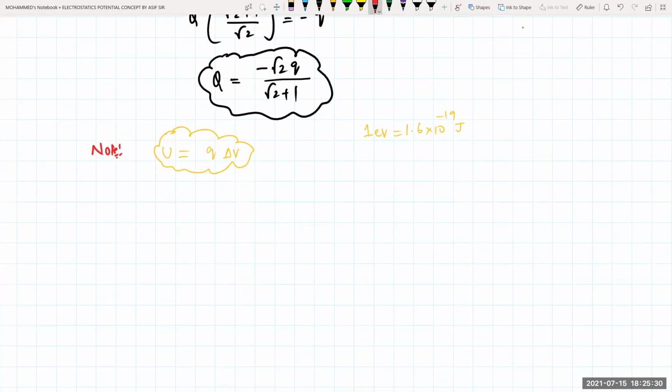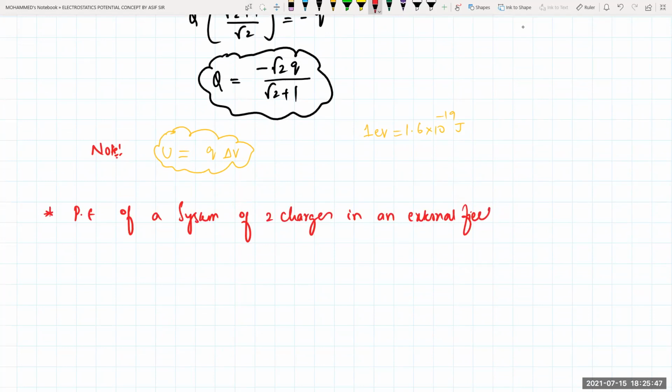One more very important topic: potential energy of a system of two charges in an external field. That means they are kept in some external field. The charges already have their own charges, and apart from that they are kept in some external field.